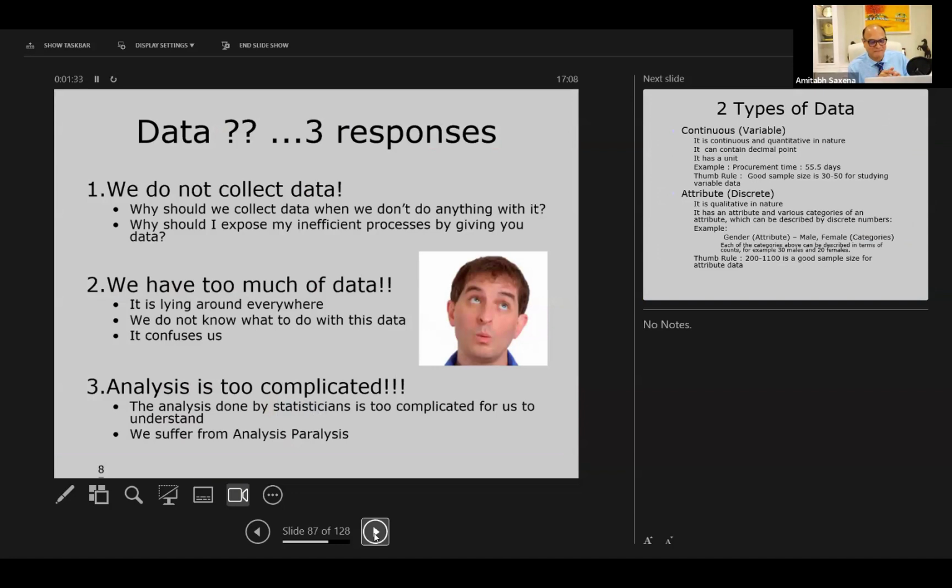Sometimes you say we collect a lot of data, but it is not relevant to the problem you are facing. It's like a person searching for a diamond ring under a street light. You ask him what happened. He says, I've dropped my diamond ring, and he's looking for it under the street light.